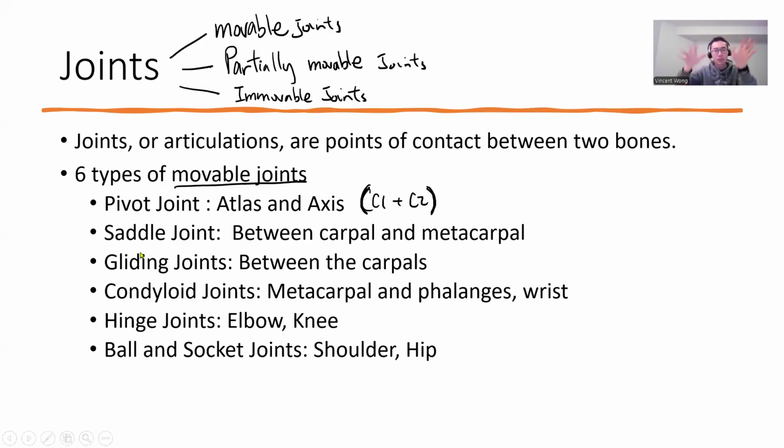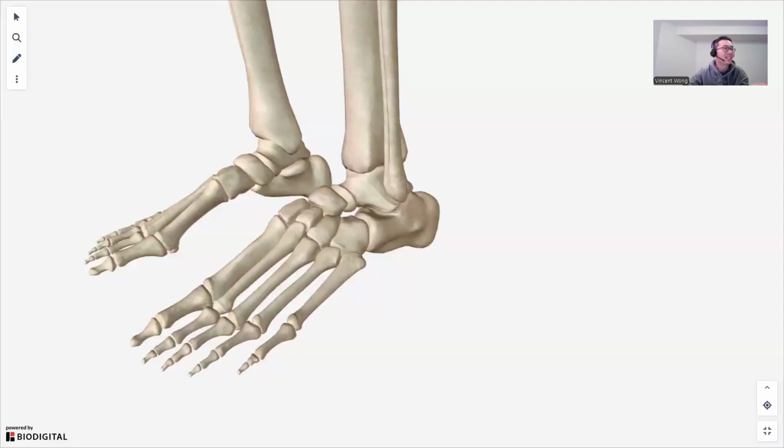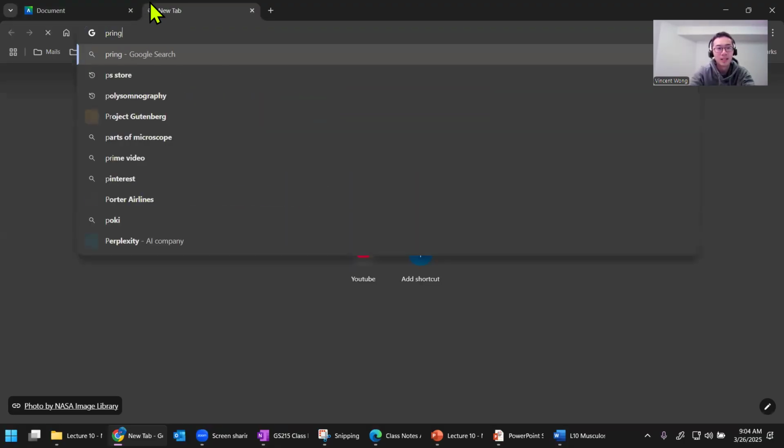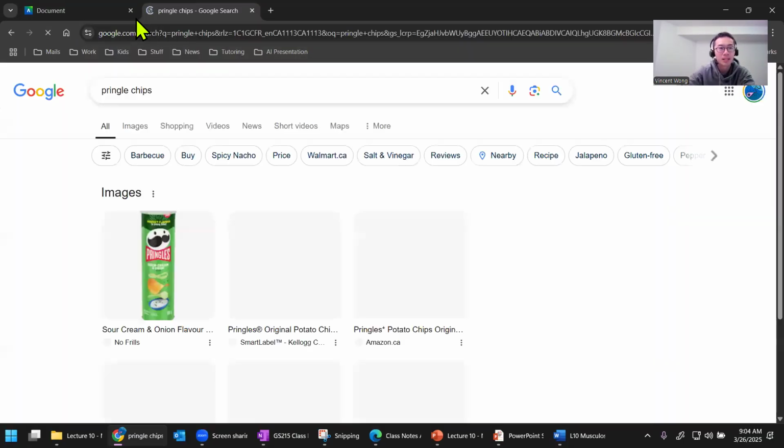A saddle is like the saddle of a horse, or you can think of Pringles chips. You know the Pringles chips, right? Let me show you.